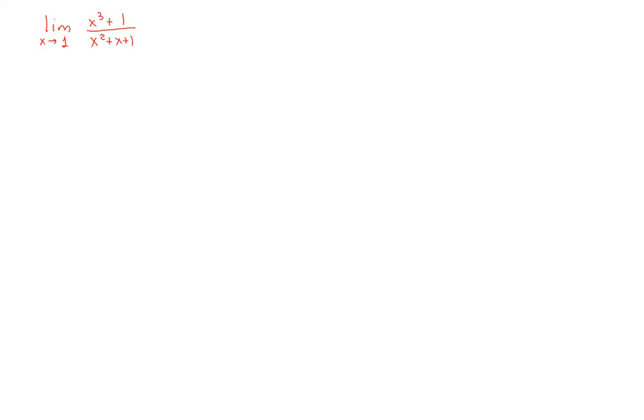How are we going to compute this limit? Just plug in 1, and this will give you 2/3. Exactly because finding the value of the function at this point is possible, that implies right away that this is indeed the correct limit.